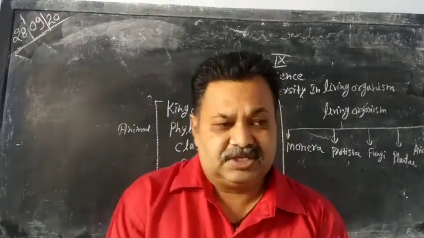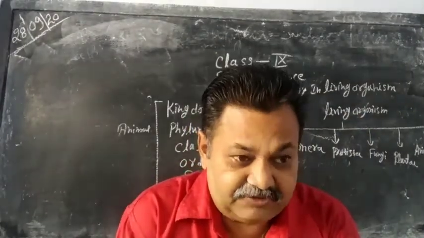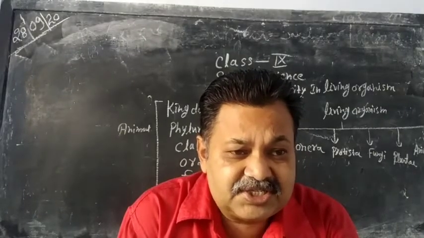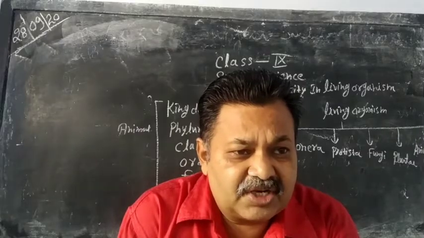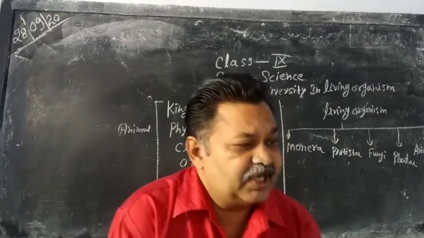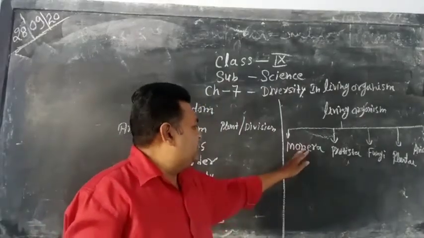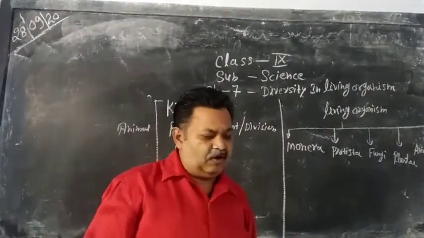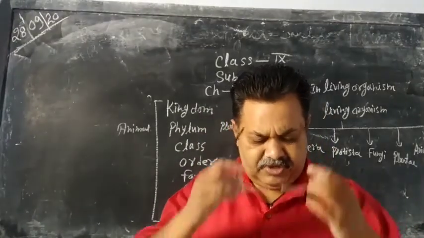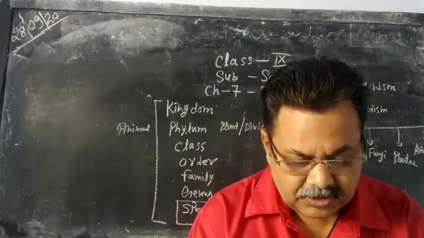So the basis of classification of the 5 kingdom system: the first kingdom is Monera, which has prokaryotic cells or unicellular organisms.